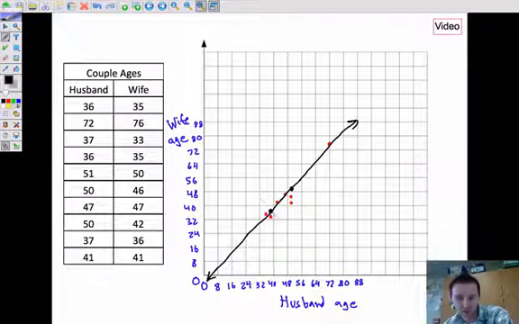So it looks like the coordinates of this one, it looks like that was maybe 37, 36. Looks like that was our 37, 36.